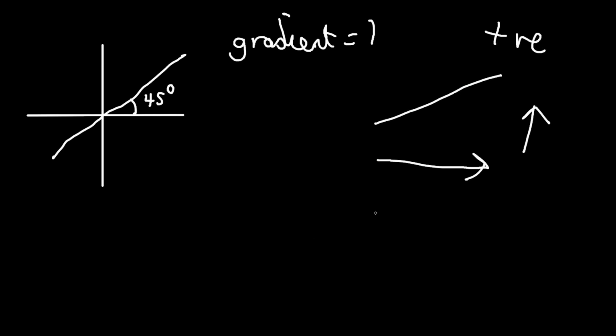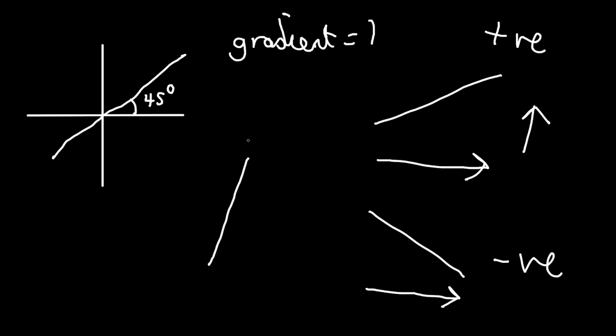And if it slopes down from left to right, then it's a negative gradient. So, very steep lines are very high values, and the same with very steep negative ones. This is a very high negative value.